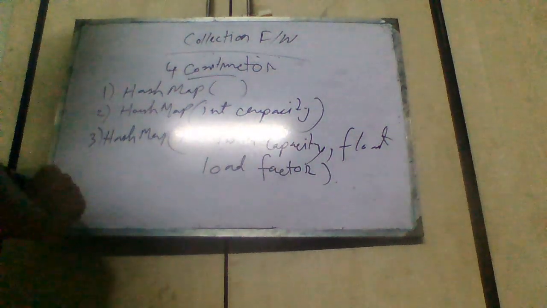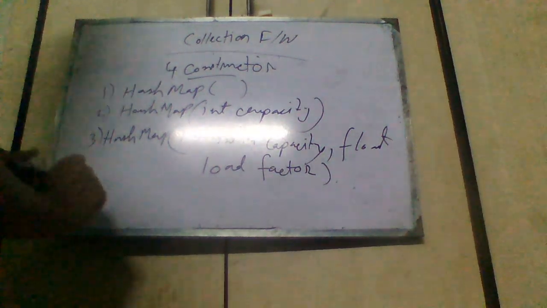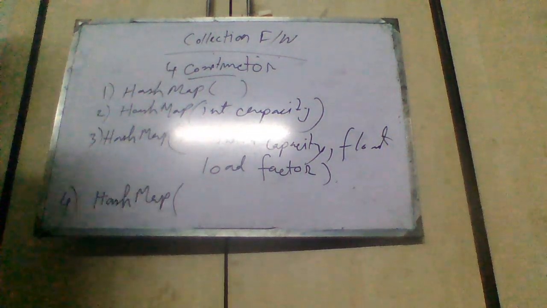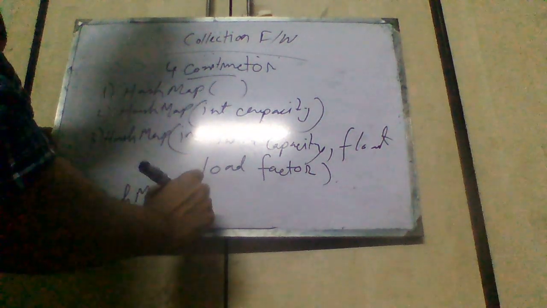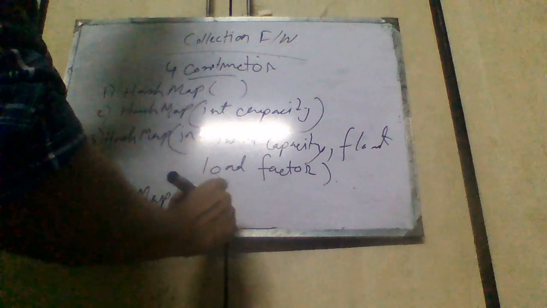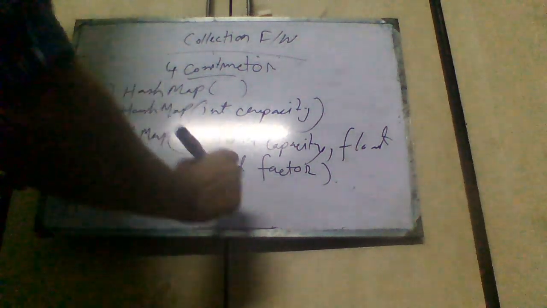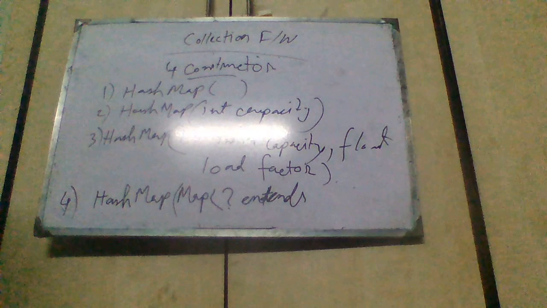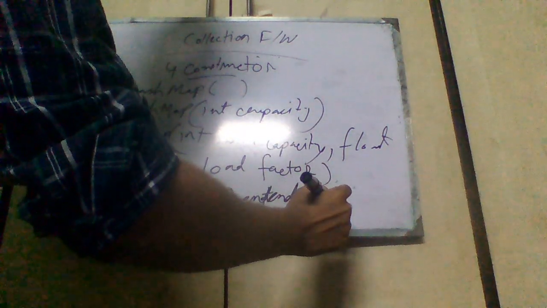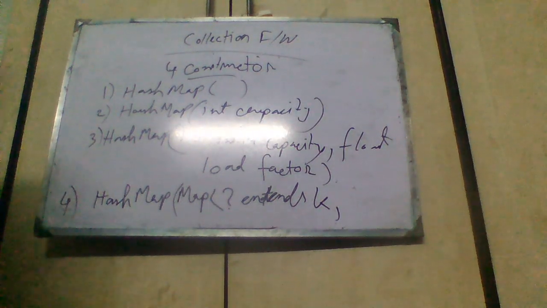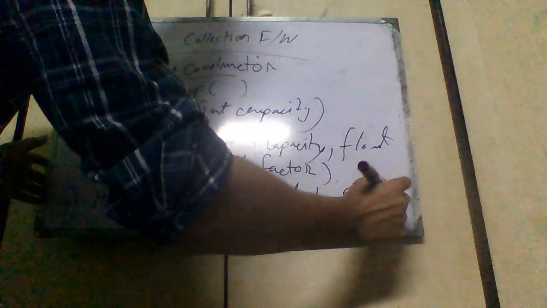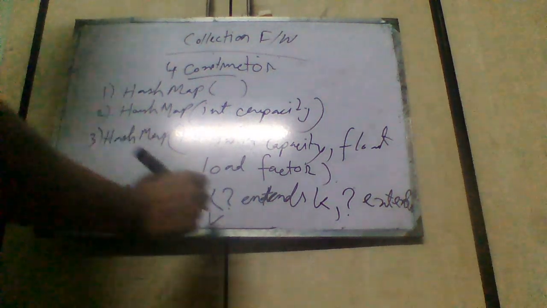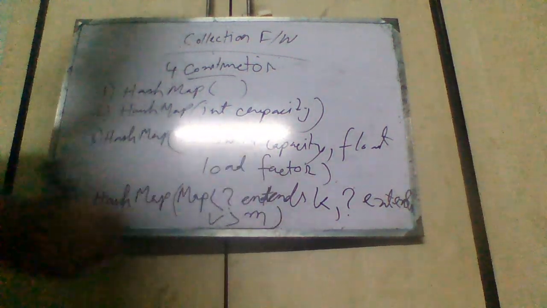And number four is HashMap taking a Map, in the generics version, Map<? extends K, ? extends V>, then the variable.